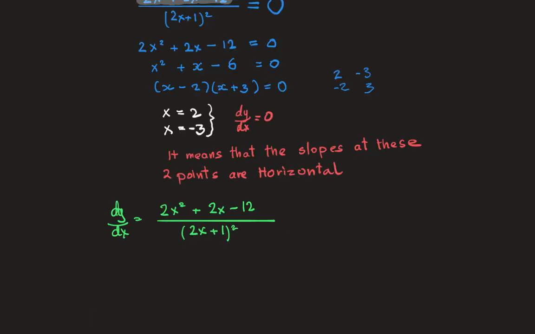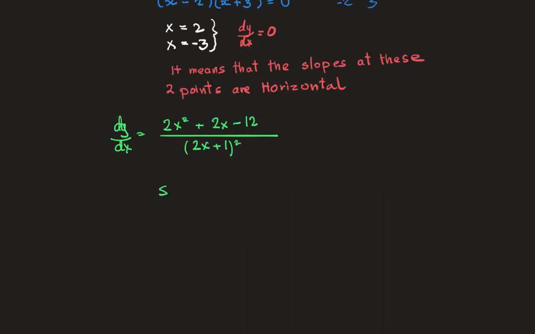If you look at that gradient function again, you'll notice that the only time this function will be undefined is when this denominator is 0, because we cannot have an expression with something over 0. So we will look at 2x plus 1 all squared.